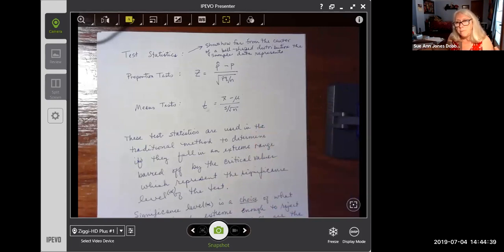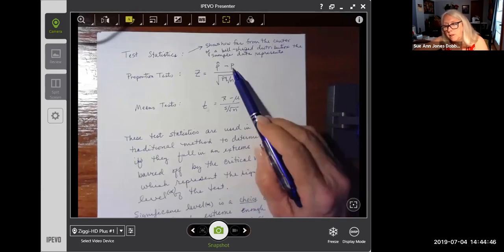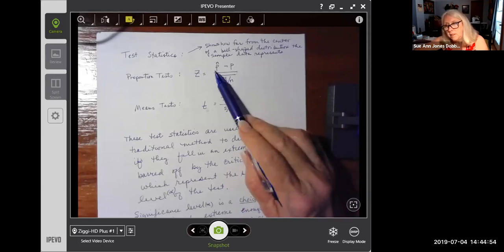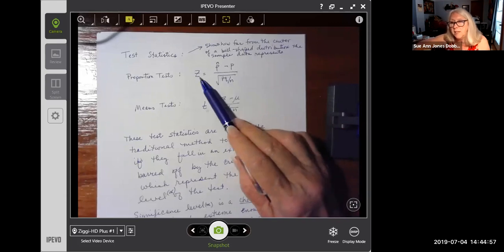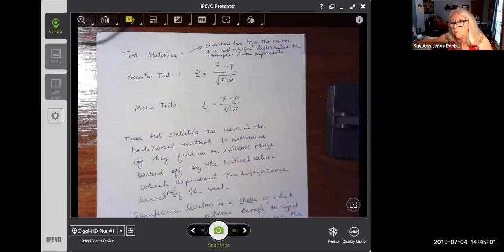And it shouldn't be surprising that when the parameter in the null hypothesis and the estimator for the parameter in the sample are far apart, it results in large test statistics. And large test statistics will be further to the extremes of a bell-shaped curve. Whether they're positive or negative, they're further away from the center, which makes them more likely to result in rejecting the null hypothesis.